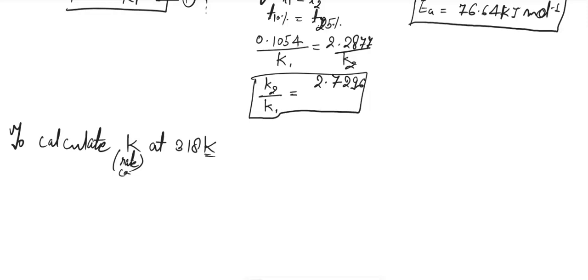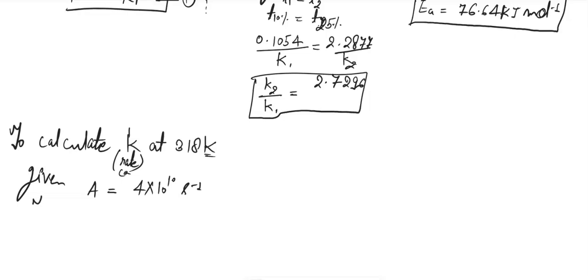So how can we calculate it? We know the Arrhenius equation, and we have been given the value of A, the pre-exponential factor, 4 into 10 raised to the power 10 second inverse. So this is the data that we have.